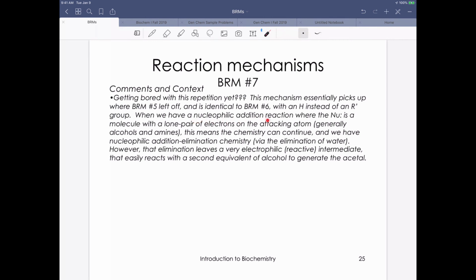Again, this nucleophilic addition reaction, having a nucleophile, having a heteroatom, either a nitrogen or an oxygen from an amine or an alcohol here, those lone pairs of electrons are going to allow this chemistry to continue to do nucleophilic addition elimination chemistry by eliminating that functional group that we protonated to make it a good leaving group. Again, just like we've seen in the rest of these mechanisms in this 4-part series here, we've got a very electrophilic or reactive intermediate that's going to react with that second equivalent of alcohol to generate the acetal.